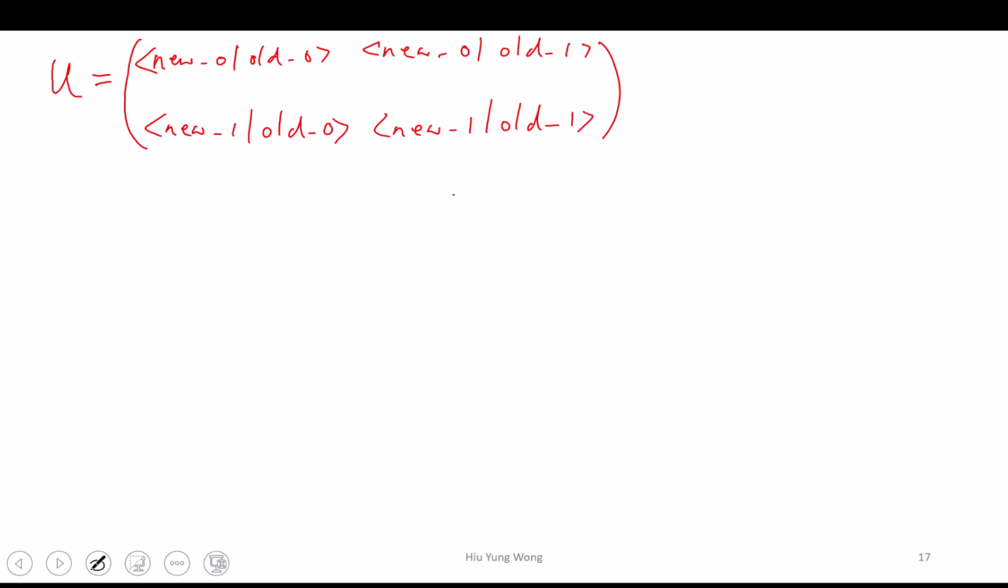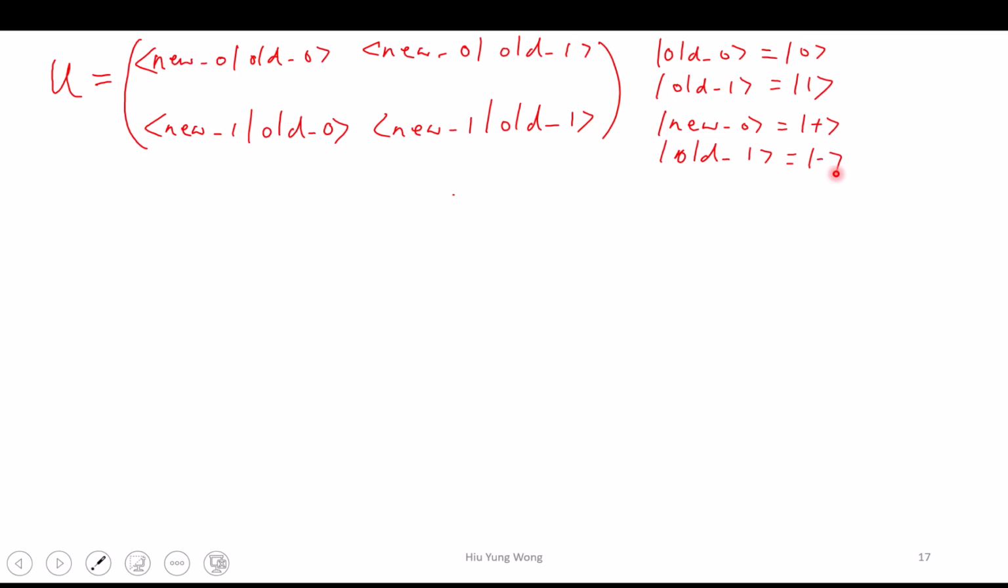So what does it mean? The O 0 is the 0 basis, because we are in the O coordinate system. The O 1 is 1. The new one, we are going to transform to the plus basis, and the new 1 is the minus basis.